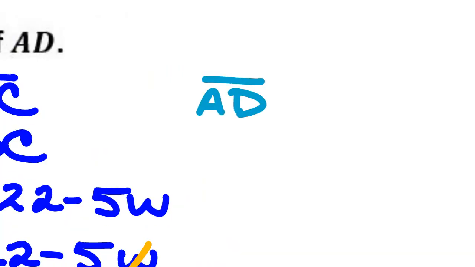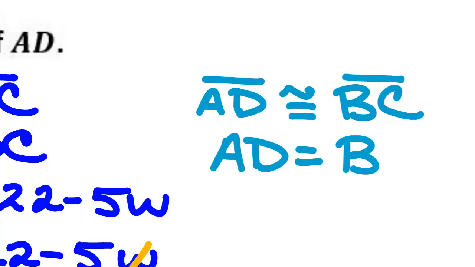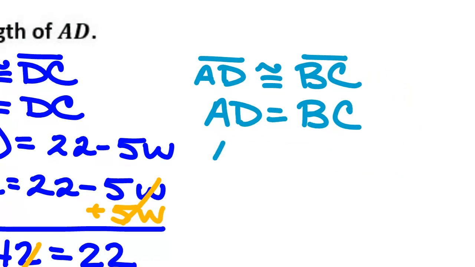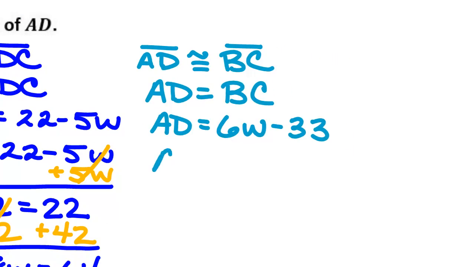AD is congruent to BC. So the length of AD is equal to the length of BC. So AD is equal to 6W minus 33.